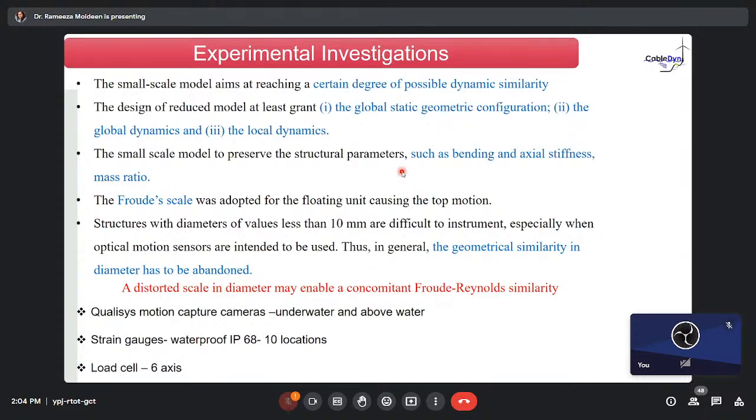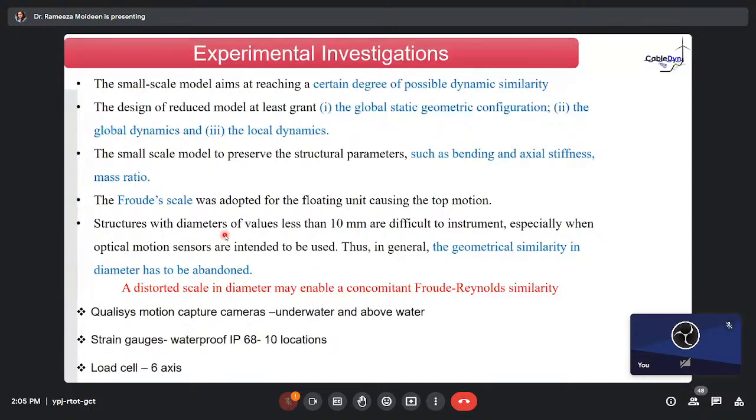So here, when we first model, the Froude scale was adapted for the floating unit, causing the top motion. But the problem is that we have a water depth of 2 meters or 3 meters, which we can create. If we Froude scale the top one, we can use a scale of 1:50. But if we use the Froude scale for just the diameter of the cable, which is 300 mm, and scale down by 50, it is less than 10 mm, maybe 5 mm.